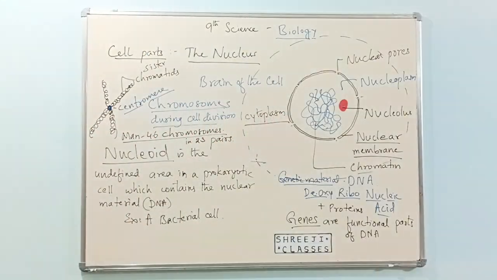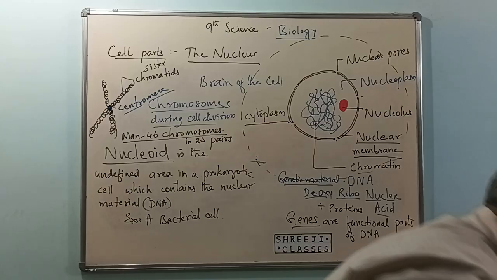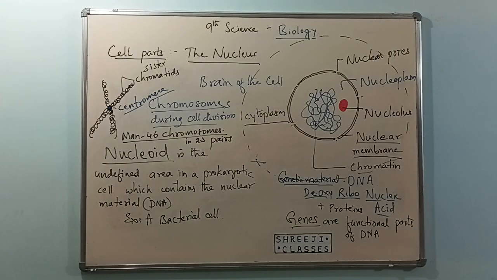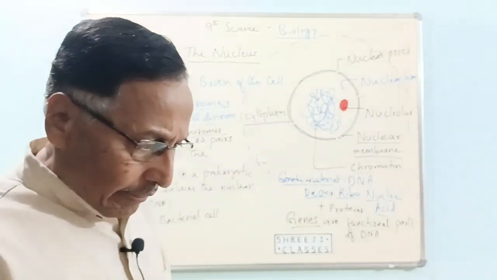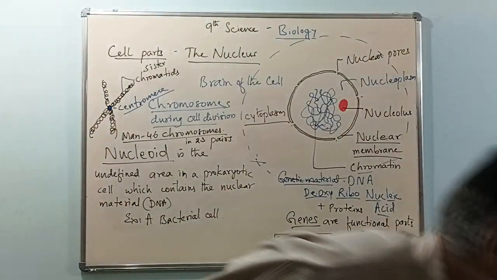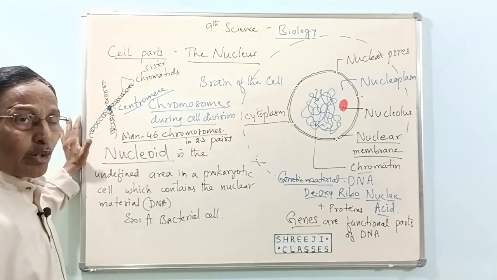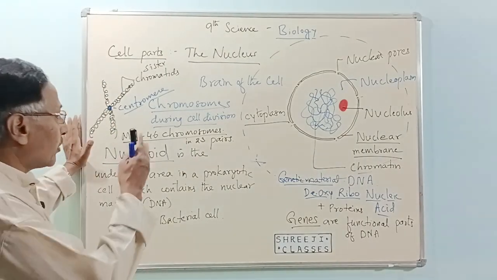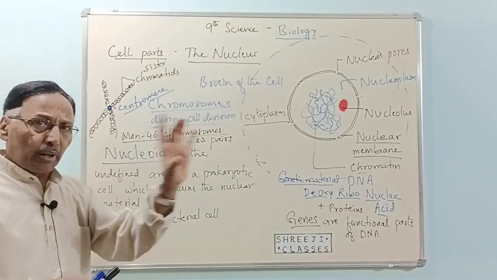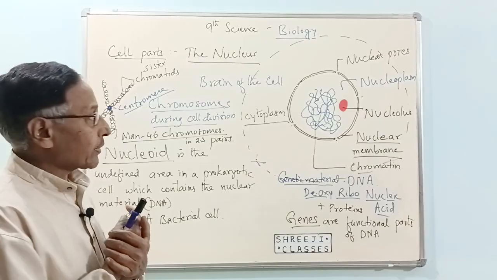Wheat plant has 42, and sugarcane has 80 chromosomes. Some insects have more than 200 chromosomes. You can count the exact number of chromosomes only during cell division, right?